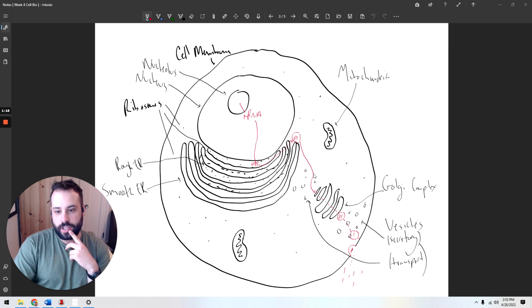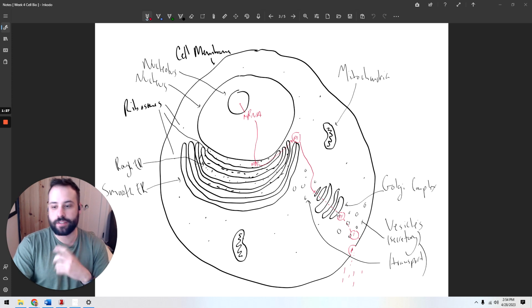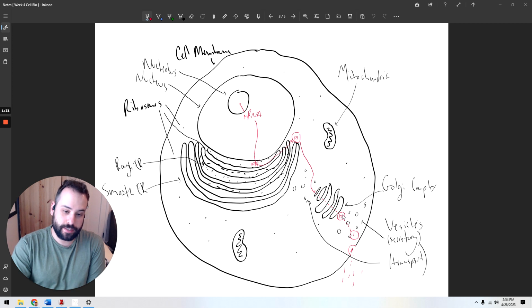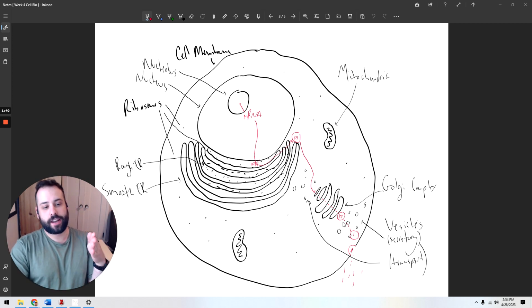It moves through the Golgi complex and has some of the sugars adjusted on it, and comes out to the end of the Golgi complex still as proinsulin, just more refined. It's put into these secretory vesicles, and it's in there that another part of the proinsulin gets chopped off and it becomes insulin.